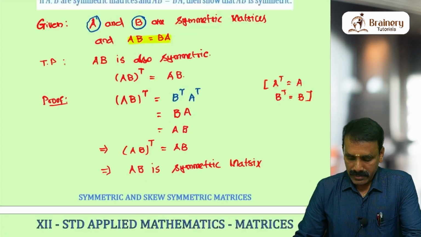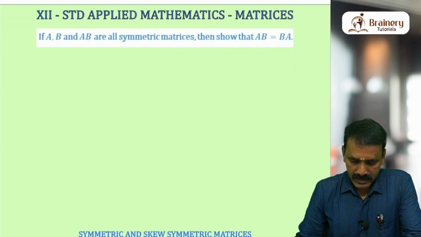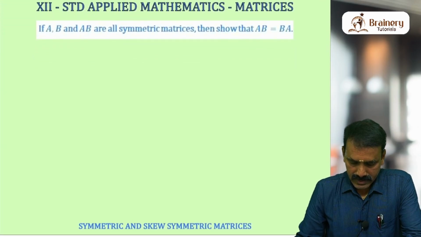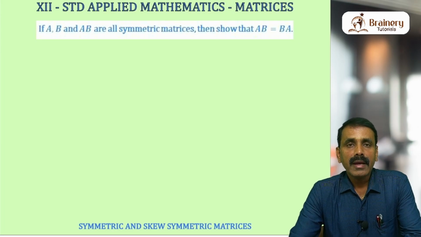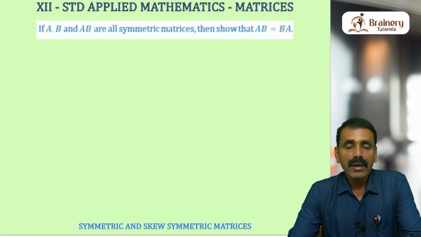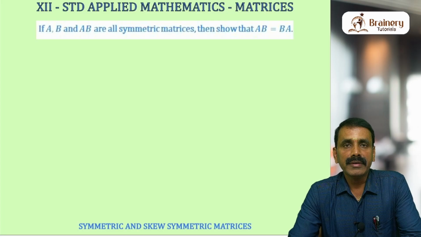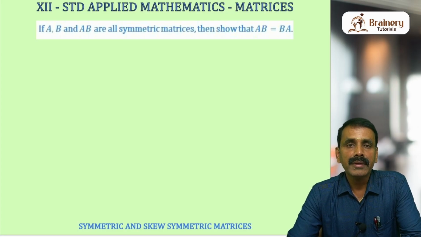Let us solve another problem. Now see this question. A, B and AB are all symmetric matrices. They have given. In that case, we must prove that AB is equal to BA.